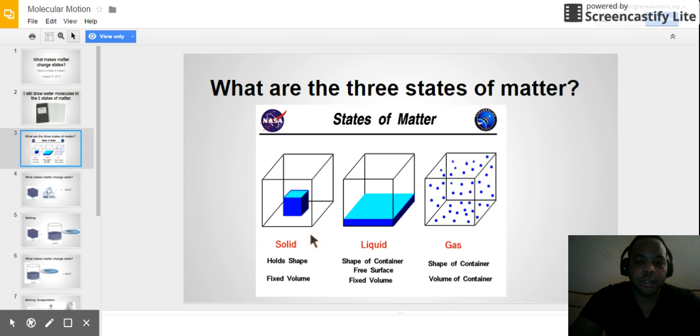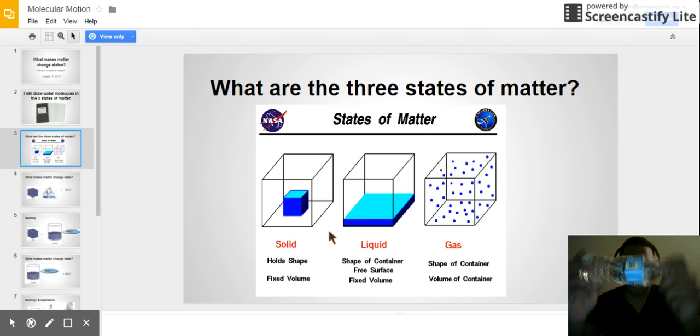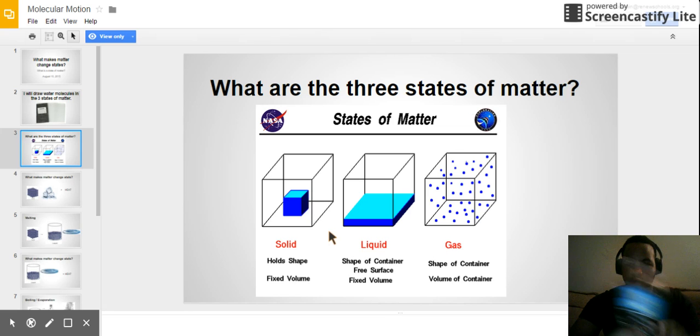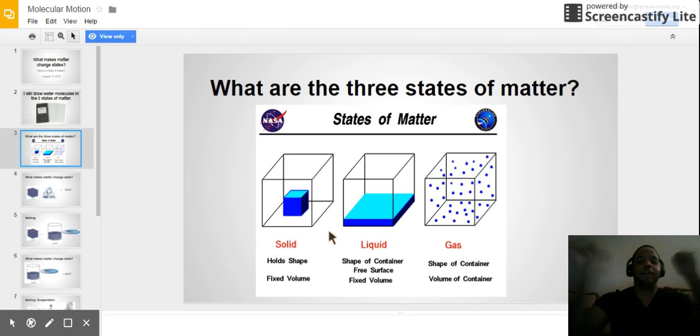A liquid takes the shape of a container, has a free surface, and has a fixed volume. Fixed volume means the measurement won't change. And gas is farther apart. It still takes the shape of its container and has volume.